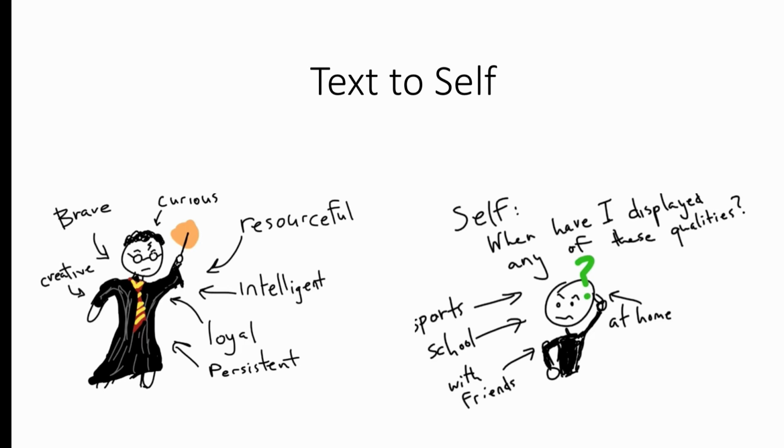But he's got these traits, and if you were to pick one trait, can you relate to that to yourself? So when can you have displayed one of these qualities, in your life at school or at home or sometime when you were with your friends? Did you act like any of his traits?